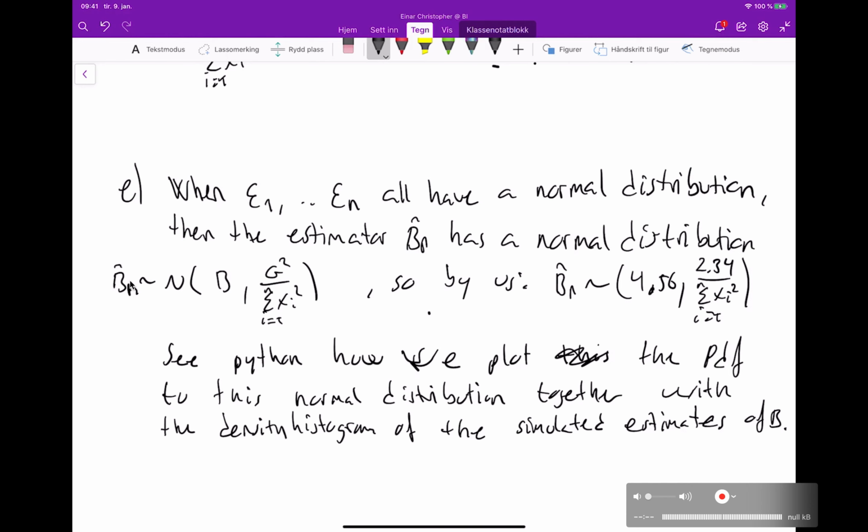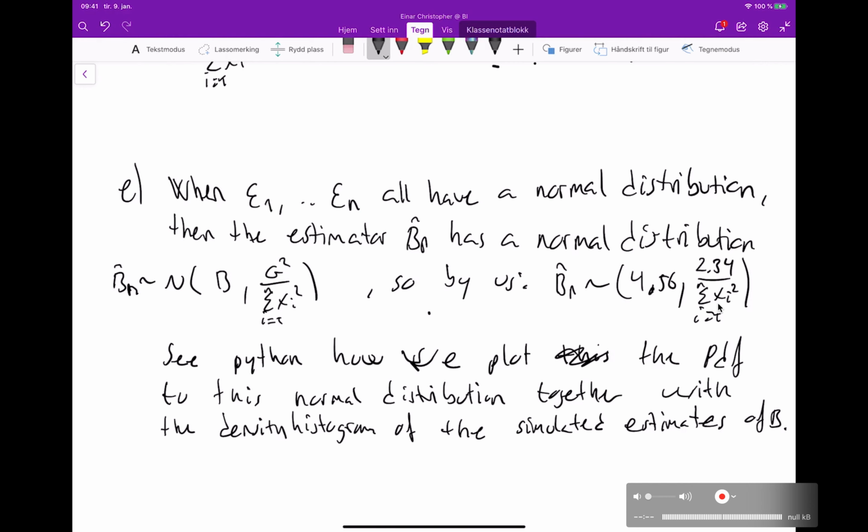And since I now have the expectation and variance of beta n hat, and I know that beta n hat is normally distributed, I know what the normal distribution is, that is this. So for us, we now have 4.56 as beta, and sigma to the power of 2 is 2.34. And then on this sum of the xi squared, we also know what that is, but I haven't calculated it here, but we could put a number here too.